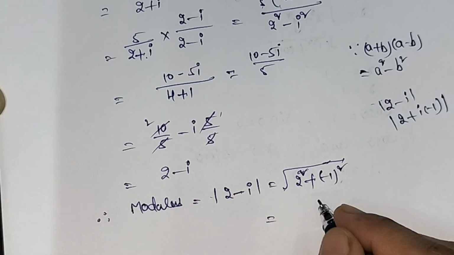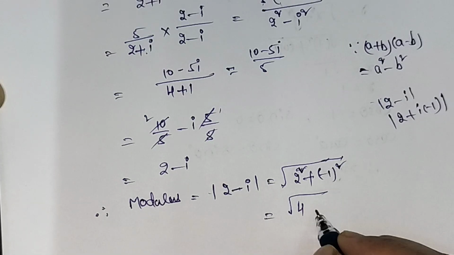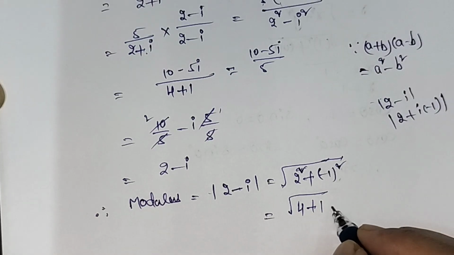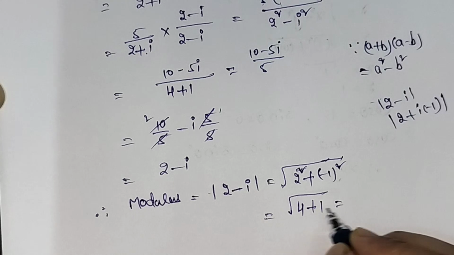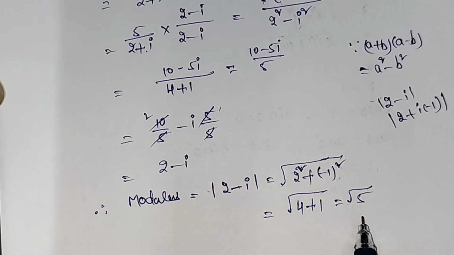That equals under root 2 square is 4, minus 1 square is 1, under root 4 plus 1, 4 plus 1 is 5, root 5. This is the modulus value of the first one. So the first problem is completed.